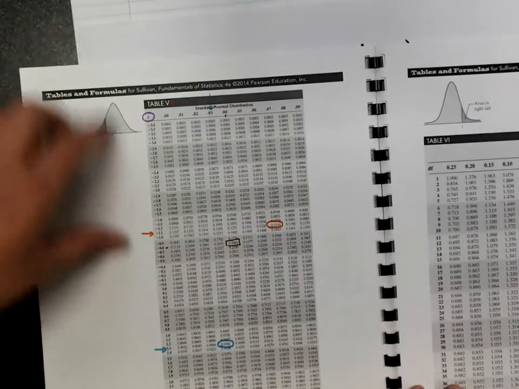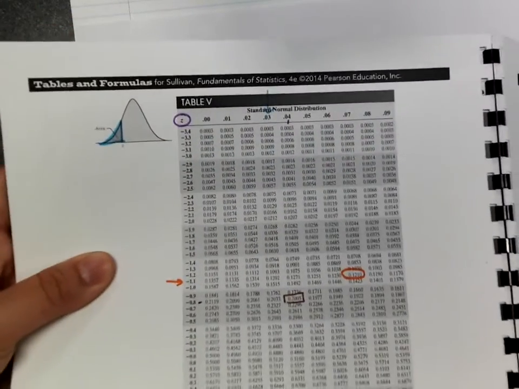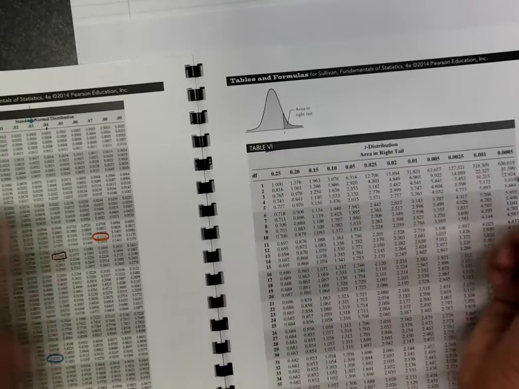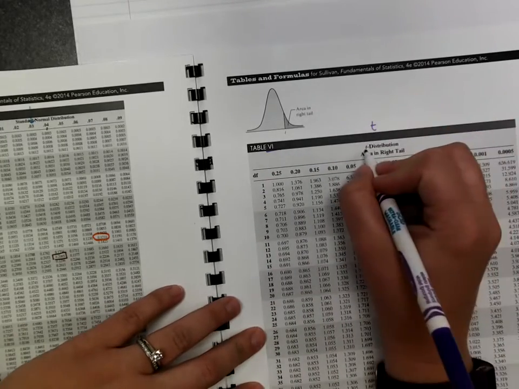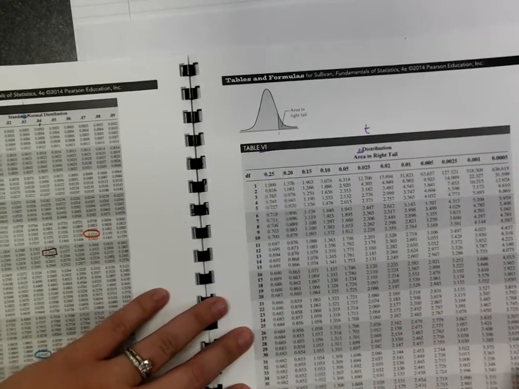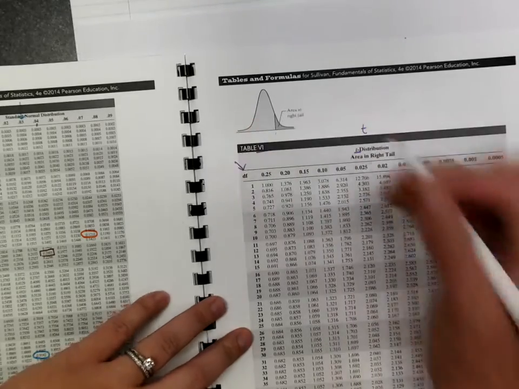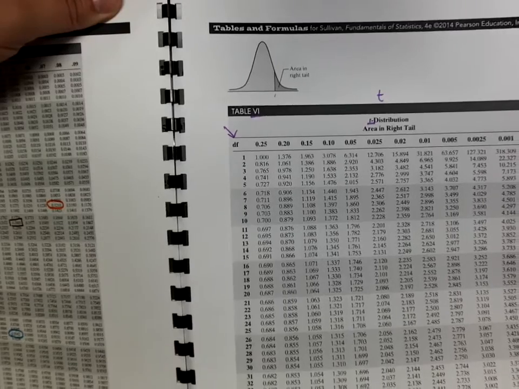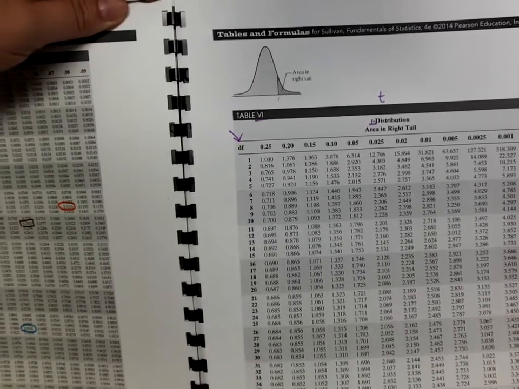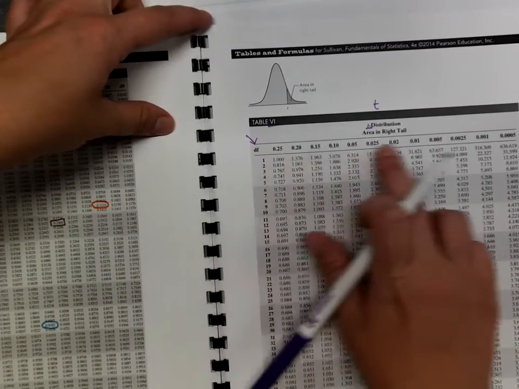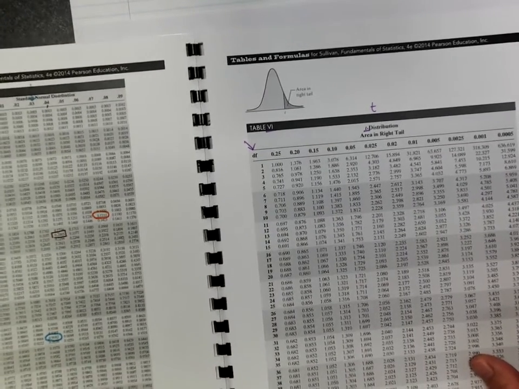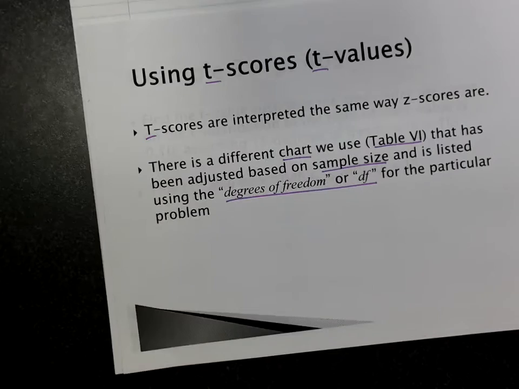You'll see the z in the top corner, the table we were using in Chapter 7. And now we're going to be using Table 6, which is the t distribution. You'll see the t at the top, and you'll see the degrees of freedom, the df, down the side. So this chart's organized a little bit differently based on degrees of freedom, and I'll explain what that is in just a minute. So have that handy.